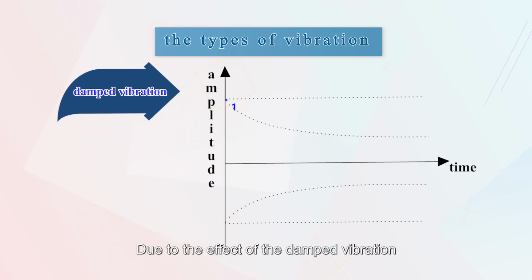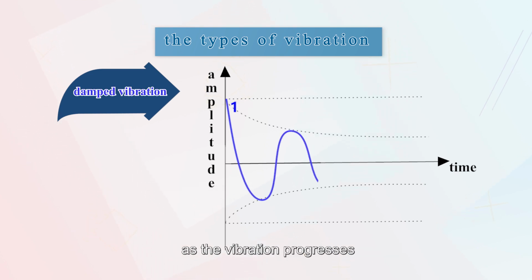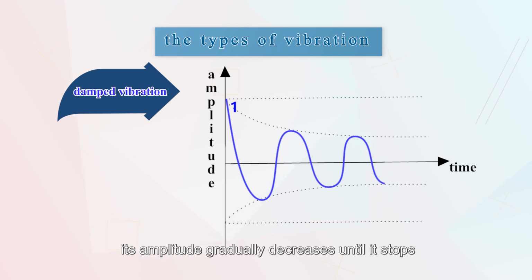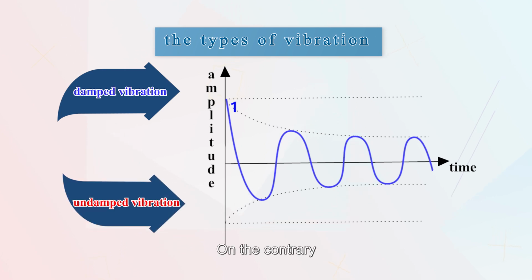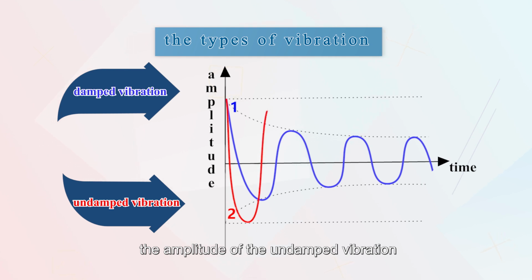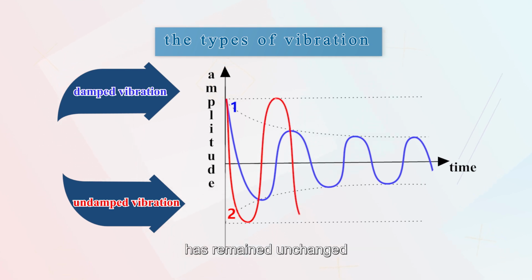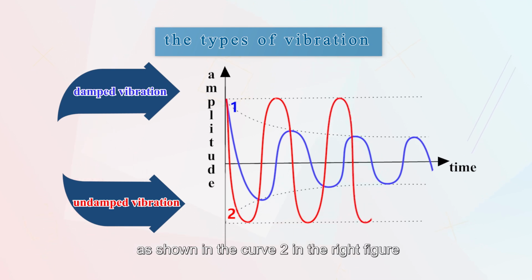Due to the effect of damping, as the vibration proceeds, its amplitude gradually decreases until it stops, as shown in curve 1 in the right figure. On the contrary, the amplitude of undamped vibration remains unchanged, as shown in curve 2 in the right figure.